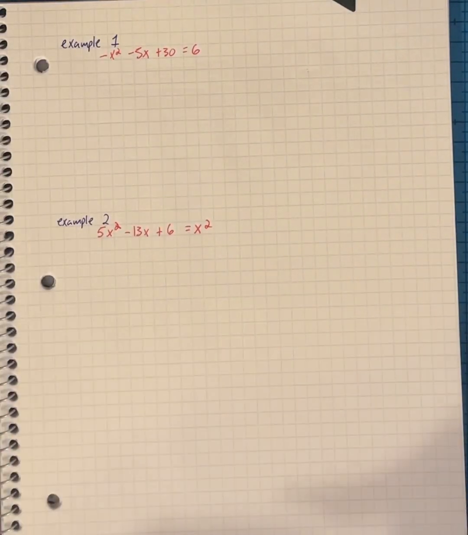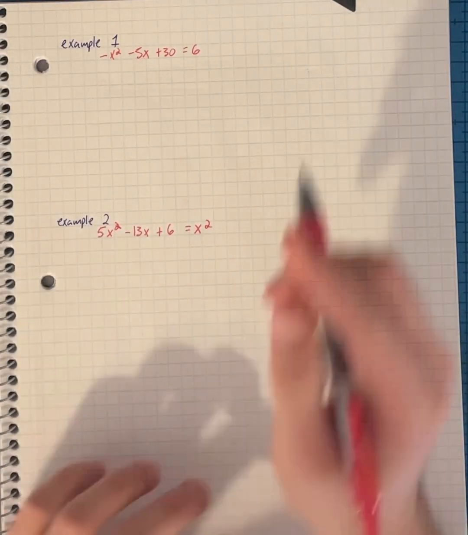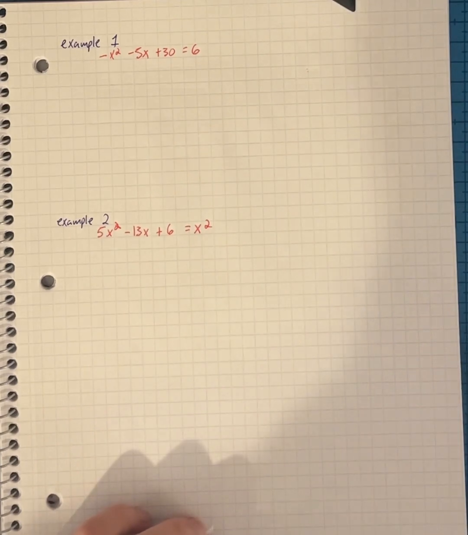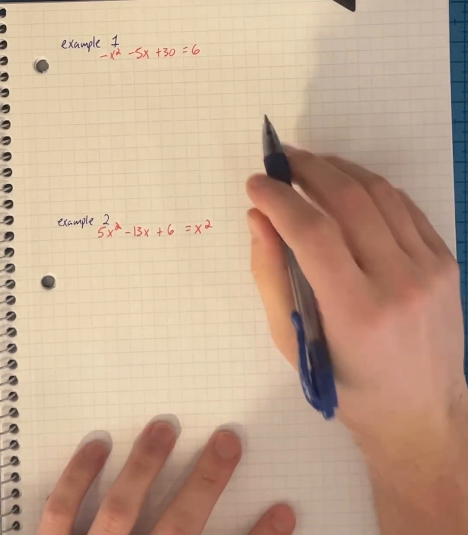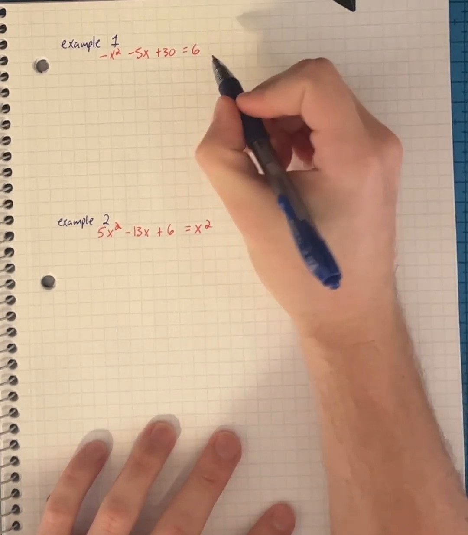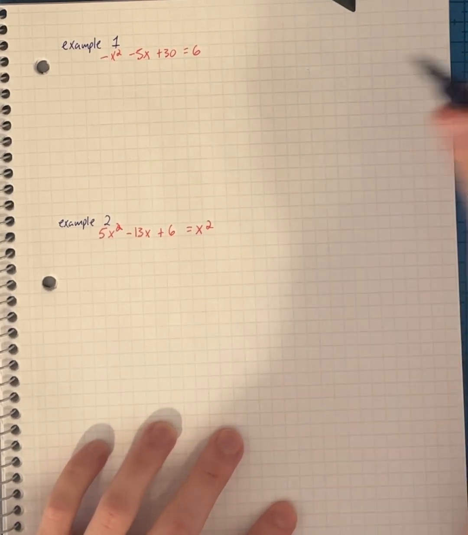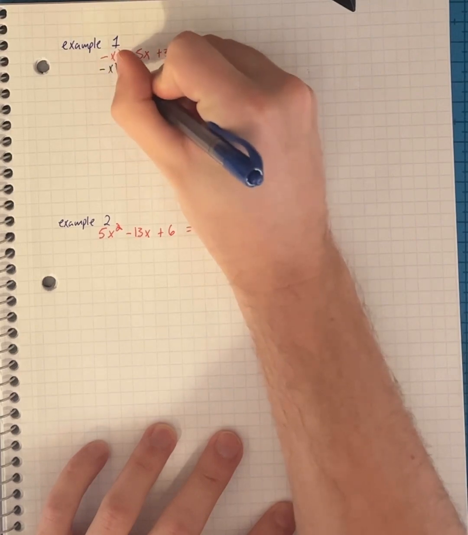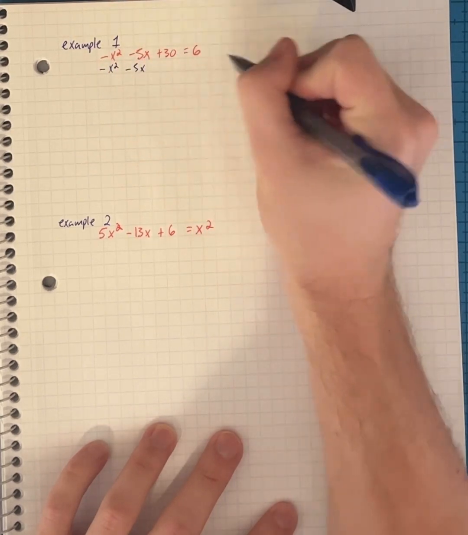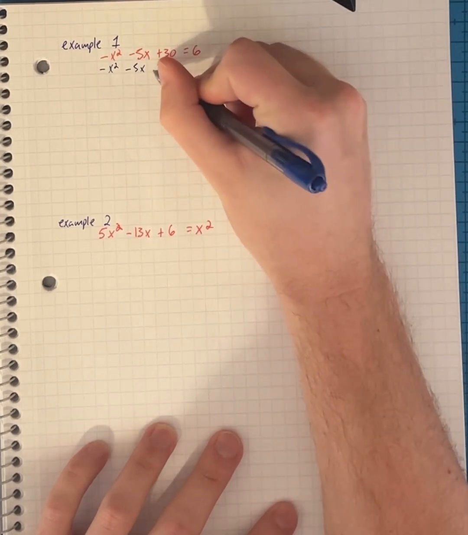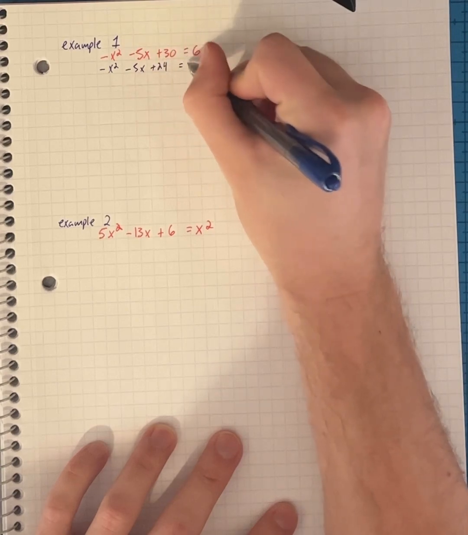So we have example 1. And if you remember, this is actually an example that we solved in the past. So step 1, again, what are we doing first? We're going to make sure that this equation is equal to what? To 0. Okay, so we have negative x squared minus 5x. We're doing minus 6 on both sides, so we'll do plus 24 here equals 0, right?